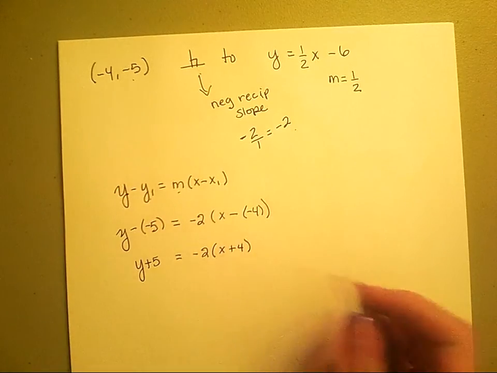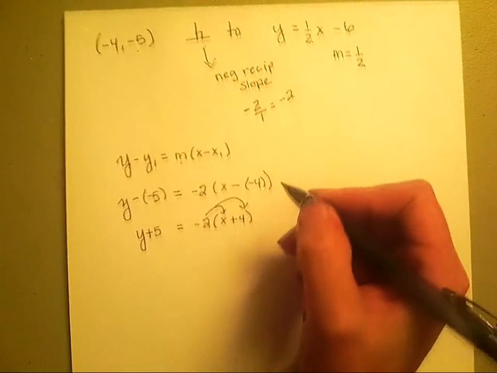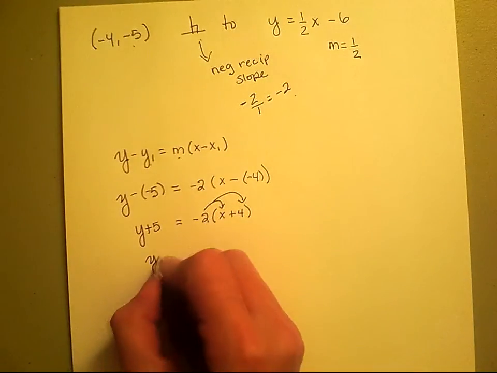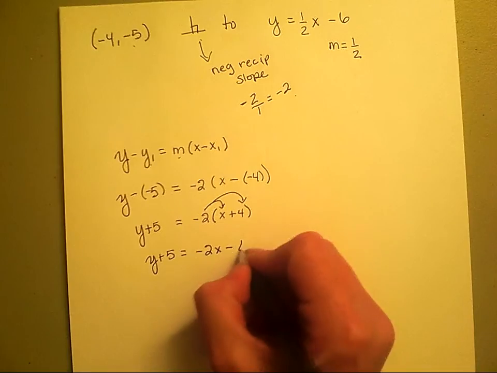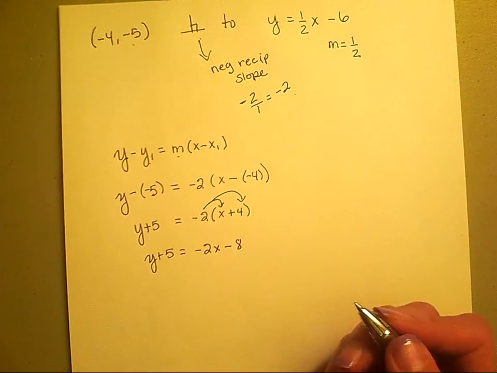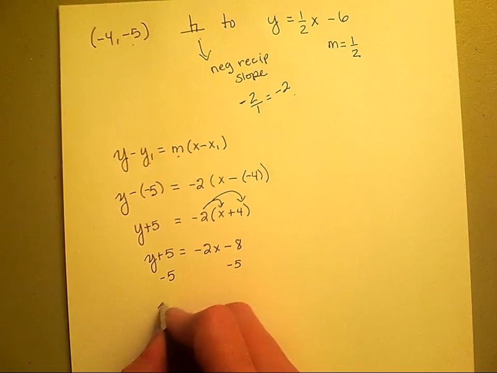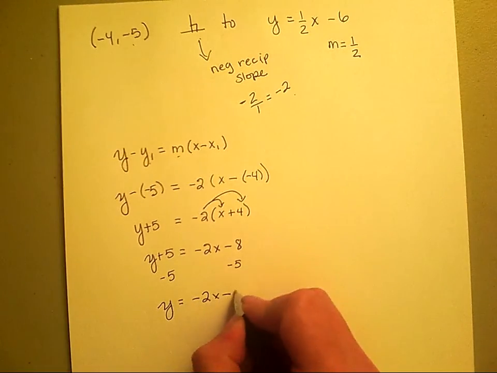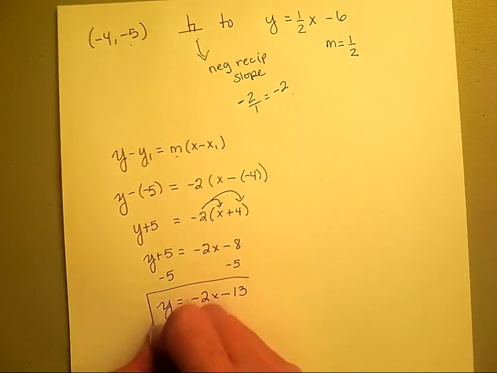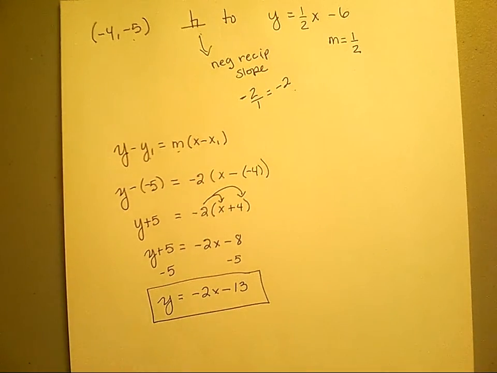Now we can distribute to get y plus 5 is equal to -2x minus 8. And now solving for y, we'll subtract 5. y is equal to -2x minus 13. So this is the equation of our line.